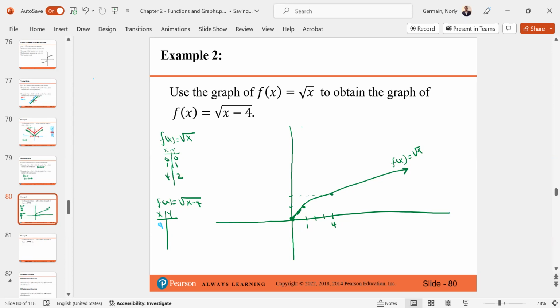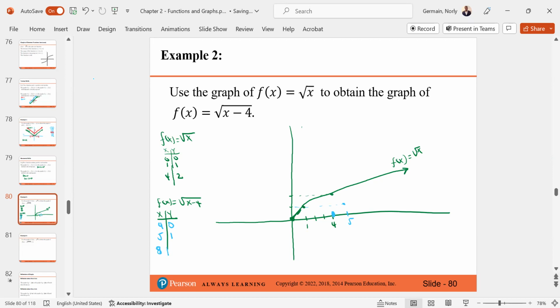Because if x is 4, 4 minus 4 is 0, square root of 0 is 0. So this is where we're gonna start with this graph. We shift 4 units to the right. If x is 5, 5 minus 4 is 1, square root of 1 is 1. All right. Now, I like to take big numbers. If x is 9, oh no, if x is 8.